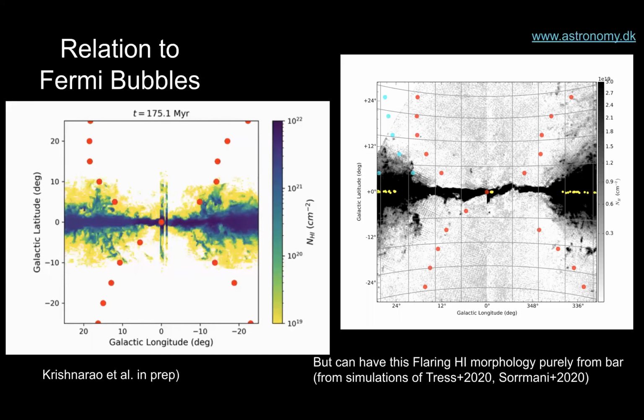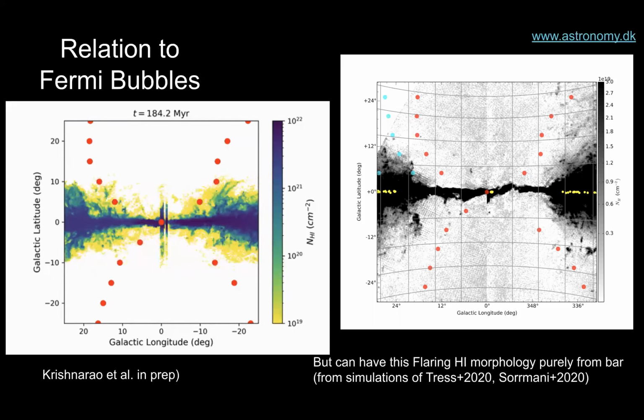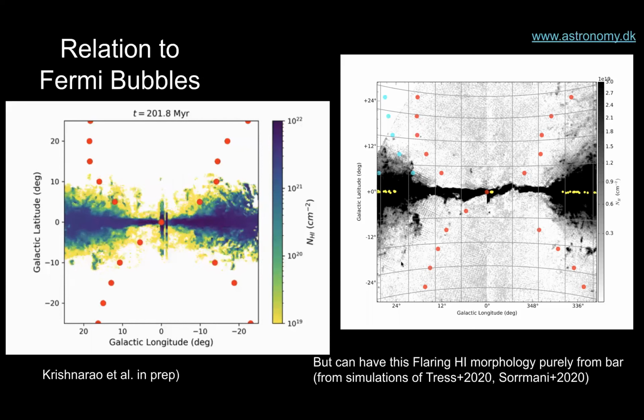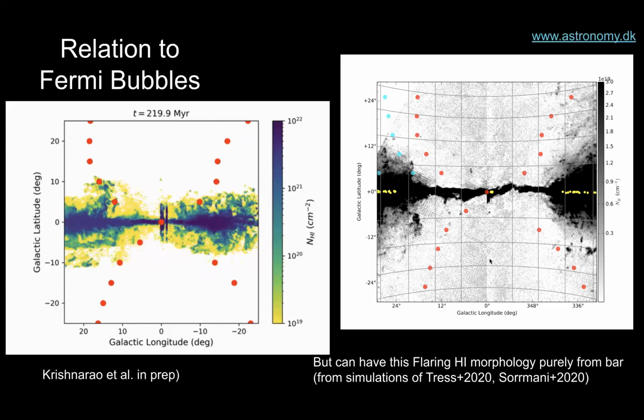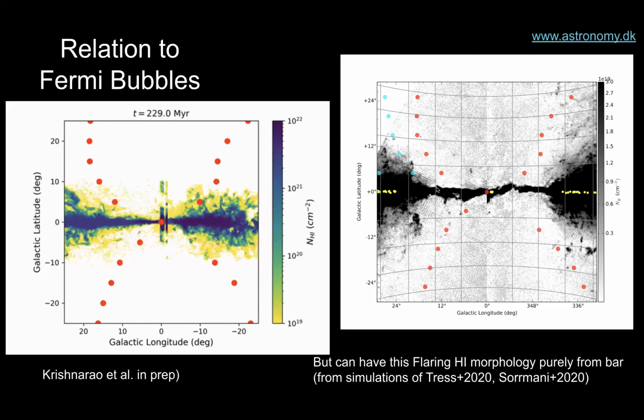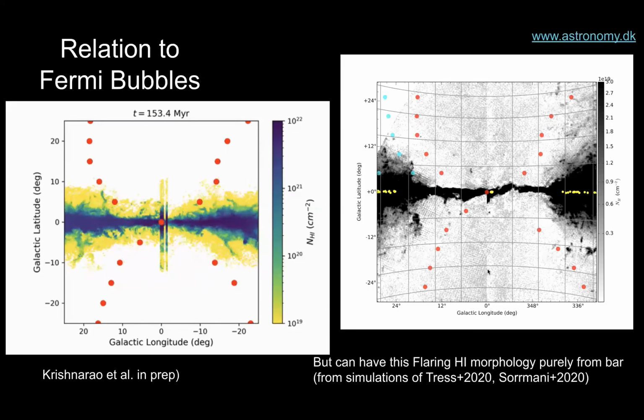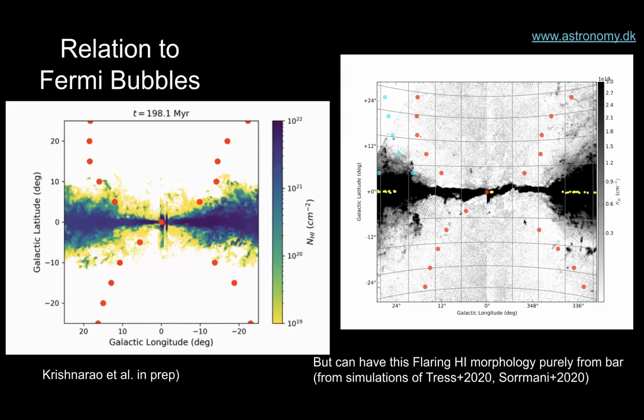One important question here to think about is whether the nuclear outflow and the Fermi bubbles are providing a source of pressure to compress the ISM further, or if it's just the bar is already compressing the ISM and evacuating the space, and that's allowing a nuclear outflow to pretty quickly fill that evacuated space in the ISM. So understanding which came first, what's causing the other, is a question that we can start to look at by better understanding how stuff in the bar is tied to the Fermi bubbles.